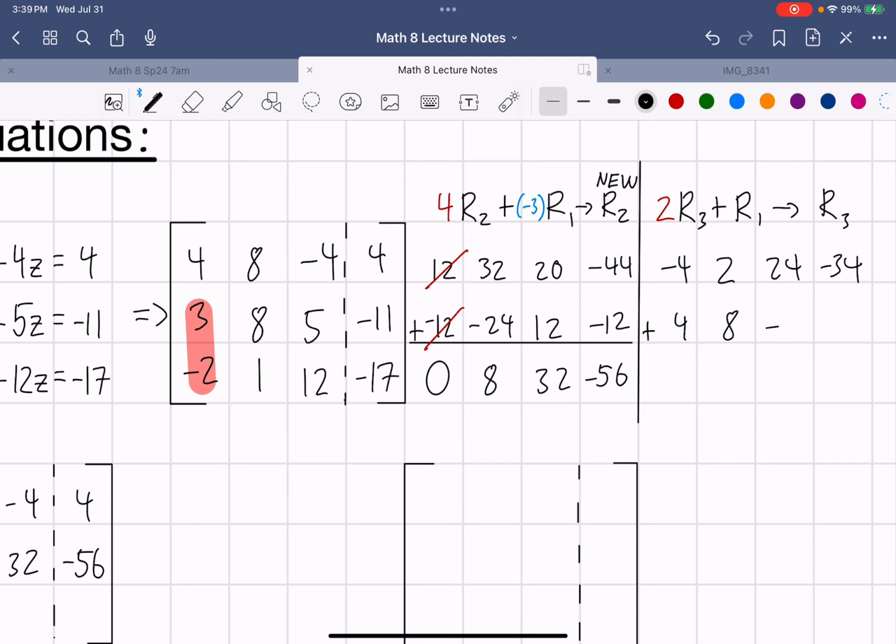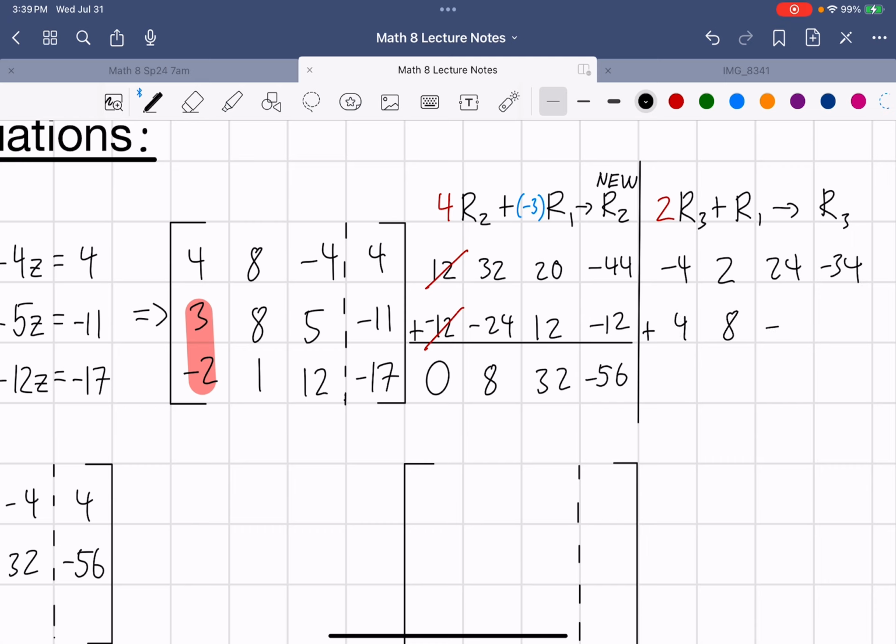That very first entry becomes 0, 10, 20, negative 30. Now I can update that in my new row 3, which would be 0, 10, 20, negative 30. So that was the first row.